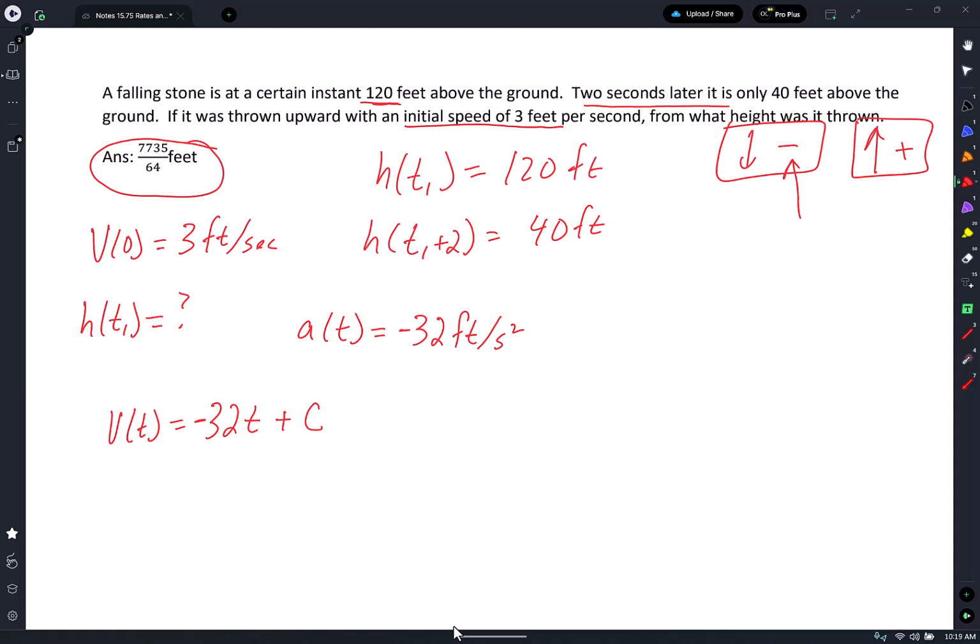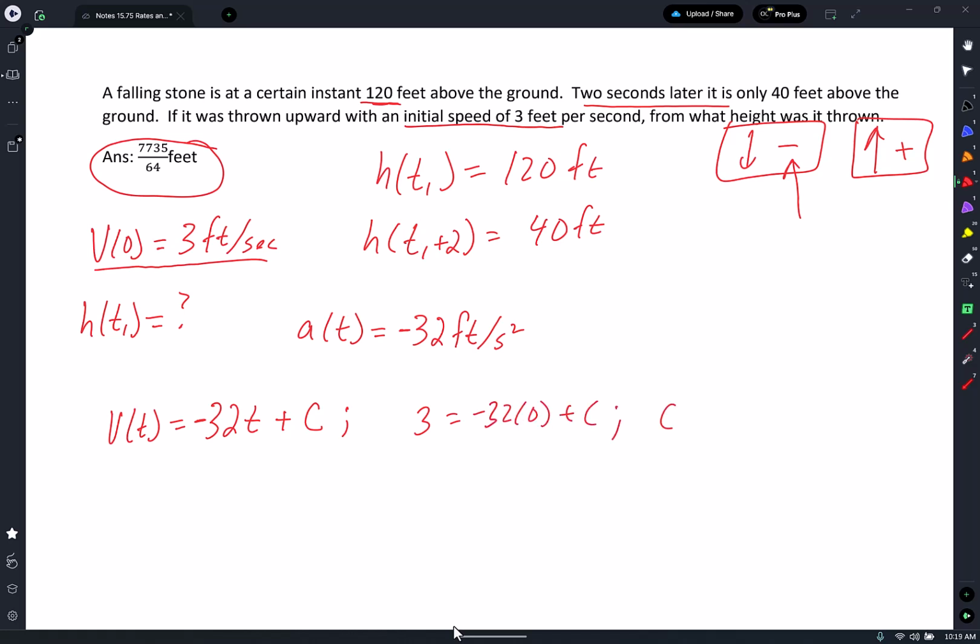Right? Yeah. What's up? I was going to ask, what would the c represent in this equation? My initial velocity. Right? We're going to find it. Well, we already know it. What is it? 3. But let's go ahead and do good practice. Right now it's simple to find it, but later on it might not be. So I'm going to say, at time 0, v of 0, which is 3, equals negative 32 times 0 plus c.